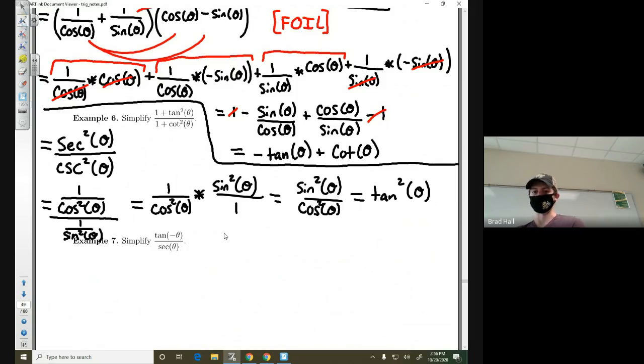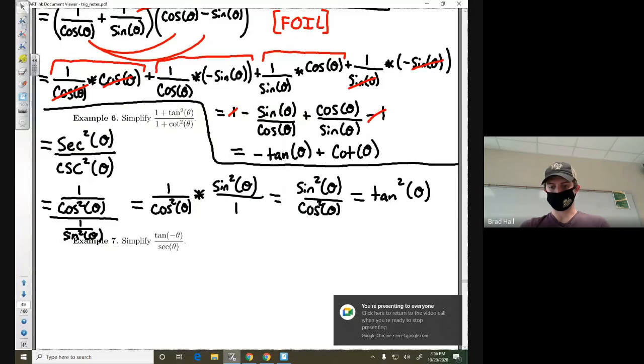It's a lot more efficient for a computer to compute tangent squared than it is for it to compute this quotient of values. You have to deal with floating points and blah, blah, blah. Okay, cool.